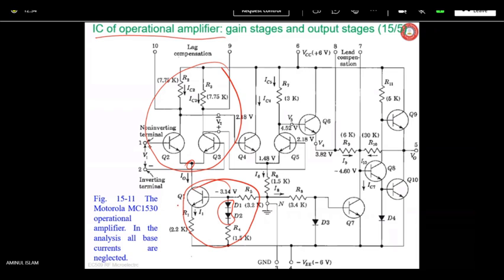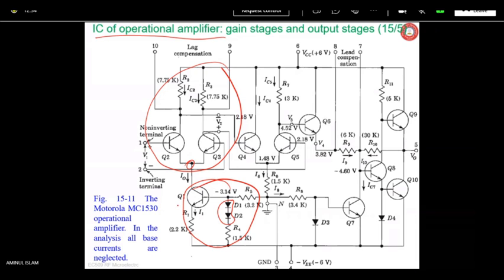The differential input resistance RID, the input resistance between these two terminals, to the total input signal VI is 2 hie. Hie is what? Input resistance of the transistor itself, which is not external. Provided RS equals 0 and hoe times RC is less than or equal to 0.1. This is the condition that is assumed.